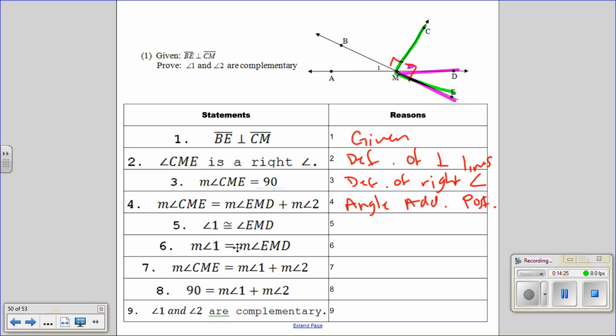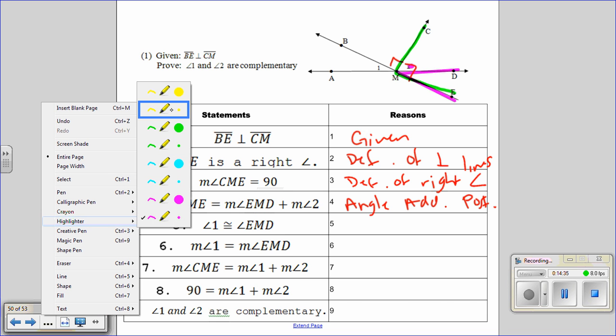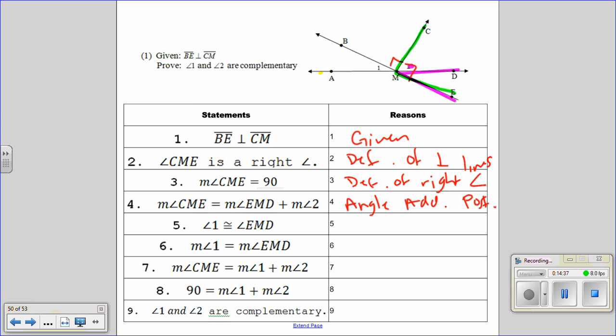Statement 5 says angle 1 is congruent to angle EMD. So let me highlight angle 1. It's this angle here. So the yellow angle and the purple angle are congruent. You should recognize why they're congruent because we talked about it in Unit 1.